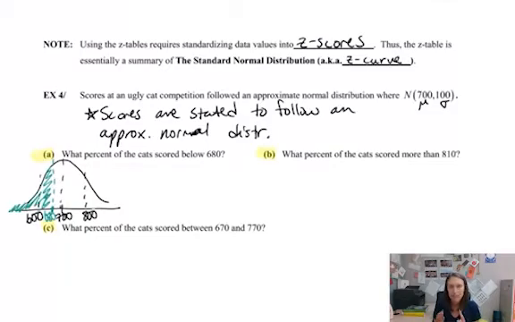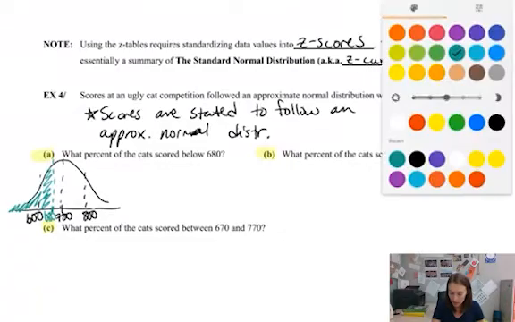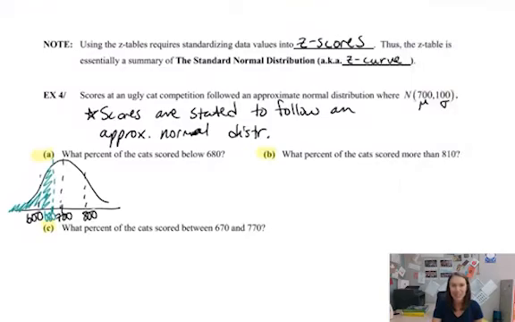So I know that my z-score is going to be negative because I'm below the mean, and I know it's going to be less than 1 z-score below the mean. And we can use our z formula to find the z-score. Now, I went over the z formula in our last lesson, so you might want to go back and watch that video if you haven't yet. Z equals my data value minus my mean over my standard deviation divided by the square root of n.